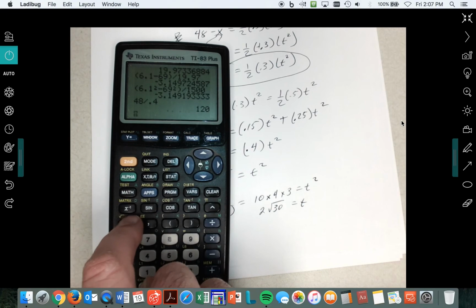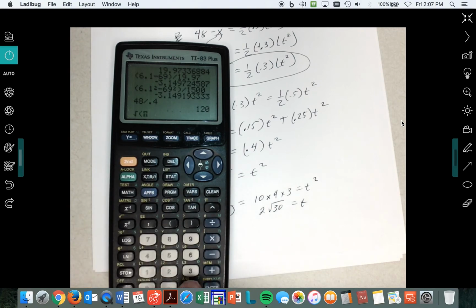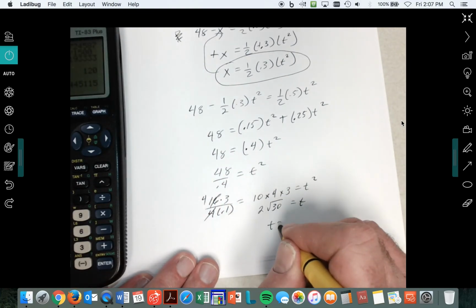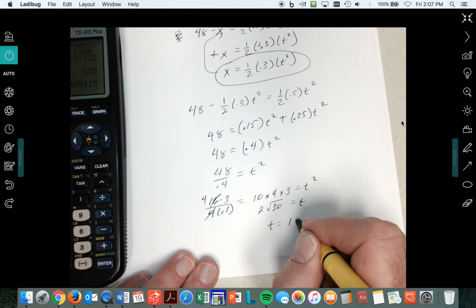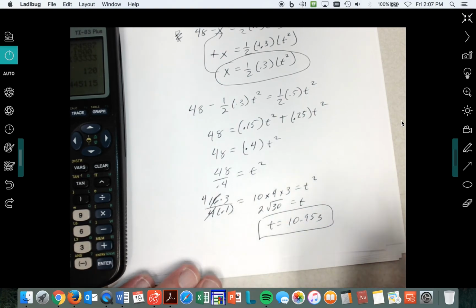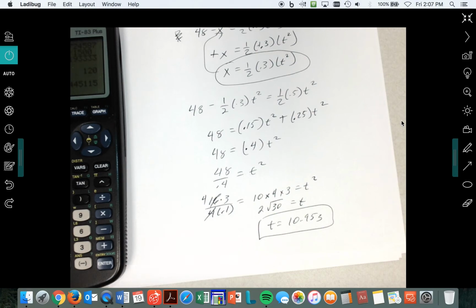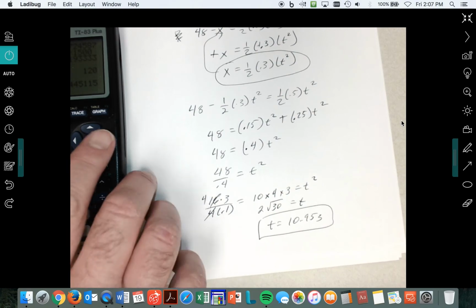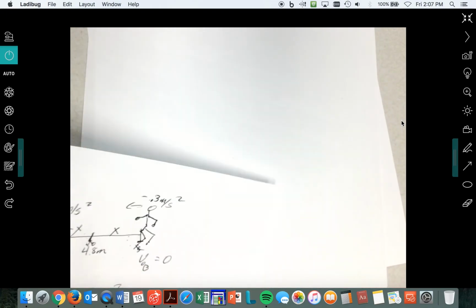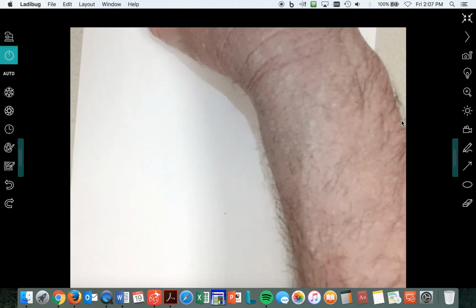Got it. 10.95 seconds. And that makes sense. They're 48 meters apart. They're not running at full speed. So yeah, that makes sense. Let's do one more on this one, and then I'll talk about free fall. And we'll look at the free fall problems in class when we meet again on Tuesday.